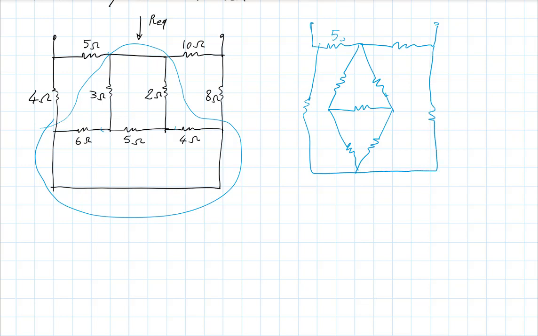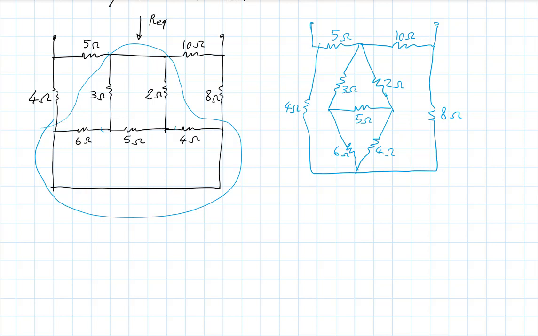So I've got the 5 ohm, 10 ohm, 4 ohm, 8 ohm. Correct? And so this is the 3 ohm, 2 ohm, 5 ohm, 6 ohm, 4 ohm. So I've just redrawn the circuit. Is there some simplification that I can get from this?